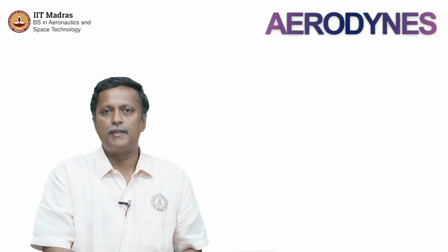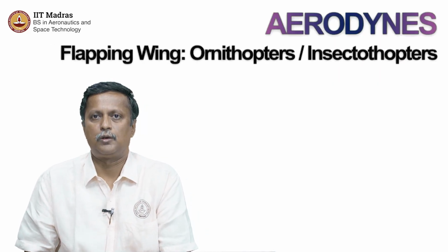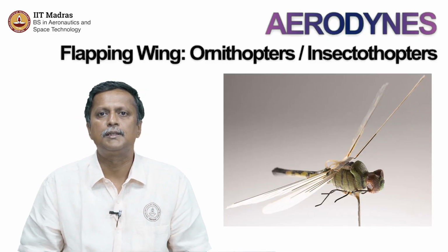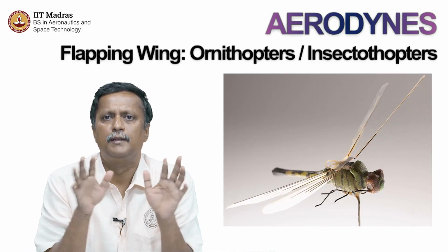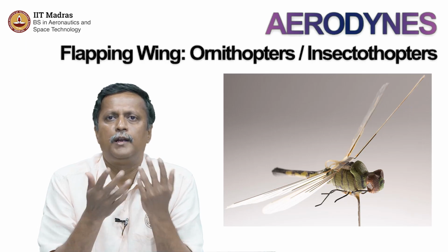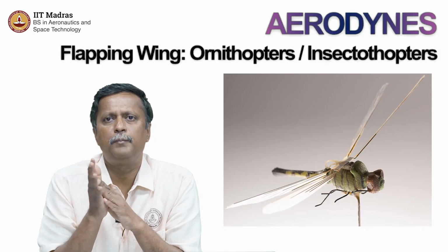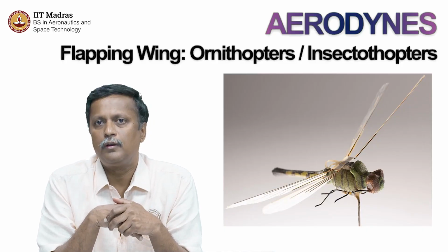In addition to airplanes and rotorcrafts, we also have flapping wing structures, or ornithopters or insectopters, right? These are flapping wing structures. Again, this is more in the realm of, we are fascinated by bird flight, they have flapping wings. So we also try to look at those flapping wings and see if we can adopt them. Flapping wings, again, are not so practical because energy spent is a lot more.